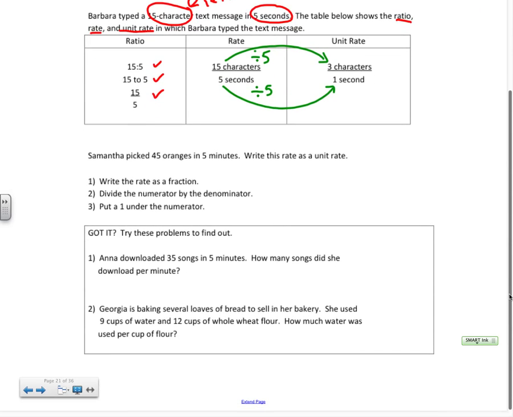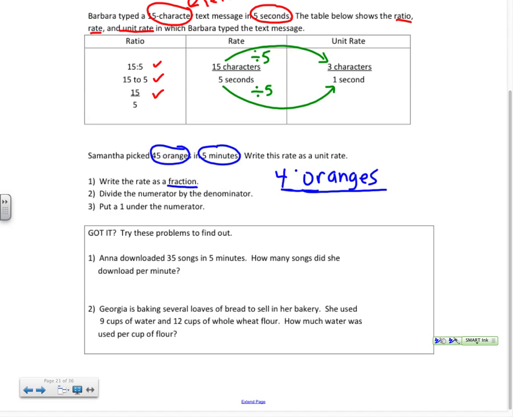Samantha picked 45 oranges in 5 minutes. Write this rate as a unit rate. So what two things are being compared? The 45 oranges to the 5 minutes. So my ratio is 45 to 5. I'm going to write that as a fraction. But I'm also going to put it in words because that helps me think about what two things are being compared.